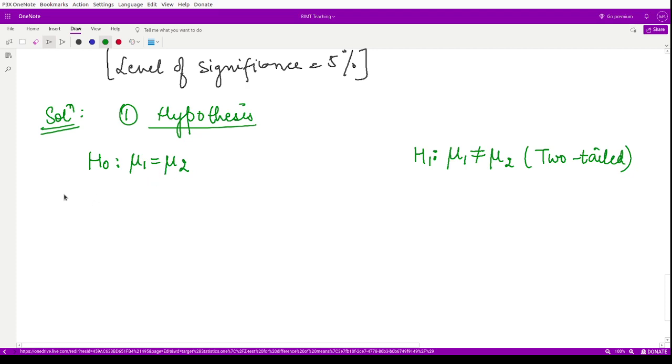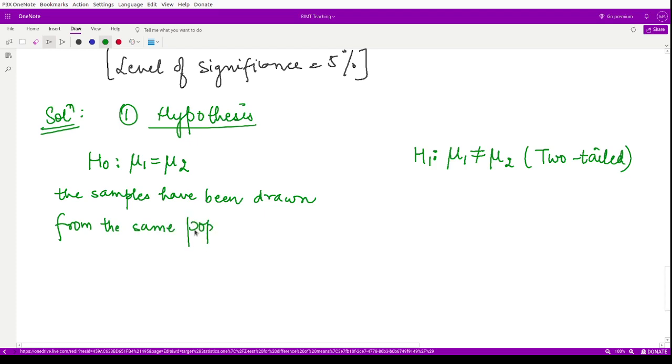So that means in words it could be said that the samples have been drawn from the same population in this case. So this is what we will check, and the level of significance here is given to be 5%.